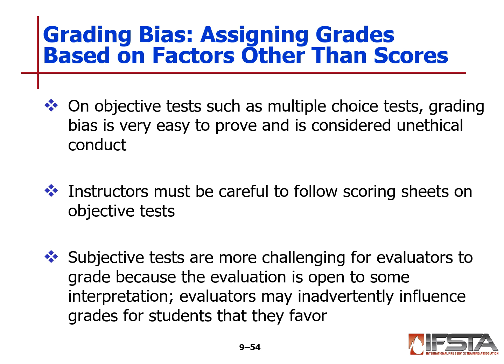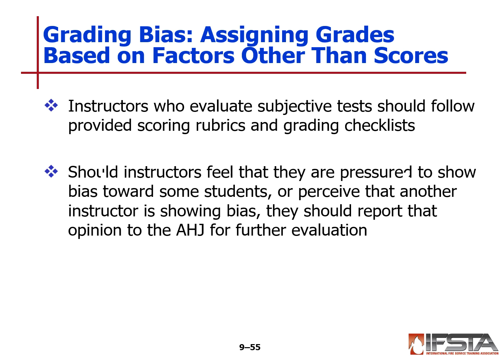Evaluators may inadvertently influence grades for students that they favor. Instructors who evaluate subjective tests should follow provided scoring rubrics and grading checklists. Should instructors feel that they are pressured to show bias towards some students or perceive that another instructor is showing bias, they should report that opinion to the authority having jurisdiction for further evaluation.